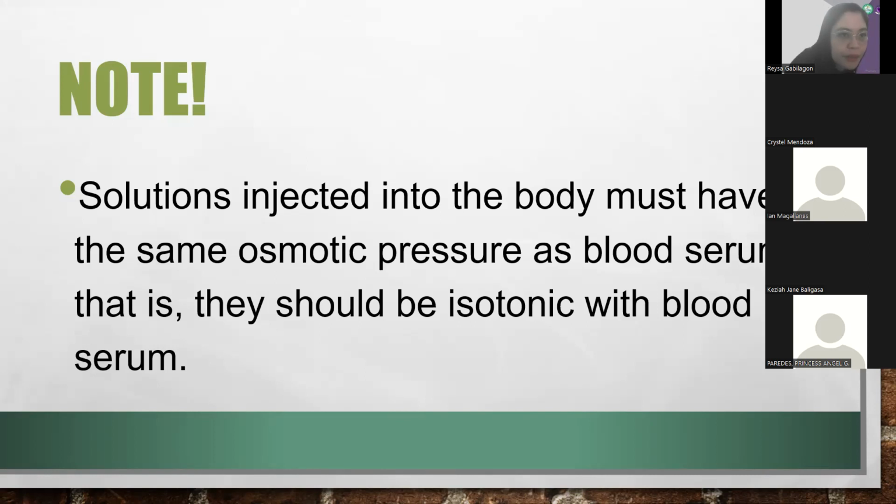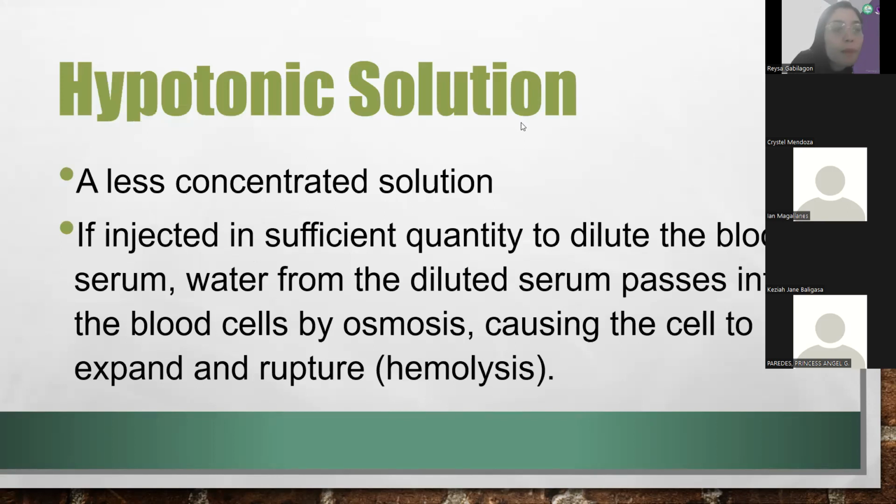You know this very well, we have our ions, our electrolytes in our blood, just like our sodium, our potassium, and all the other ions, okay? So they are considered solute. And before we're going to inject any substance, we have to make sure that the amount of the solute of this substance is the same with the blood, okay? So that we can avoid complications. Ano yung mga complications?